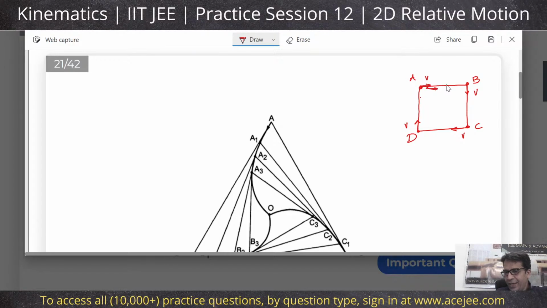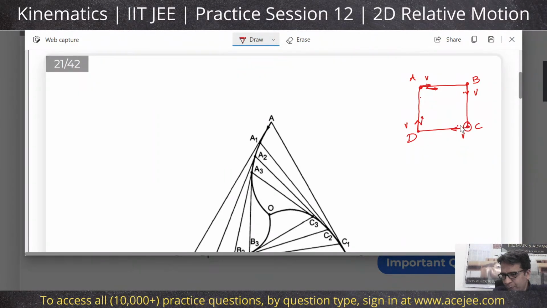And B is tracing C, so C is not stationary. If it was stationary, then B would move along the edge BC. But since C is moving, B will also come here. Can you see that all four particles will have symmetric displacements? So B will be here, C will be here, D will be here. Correct, no?